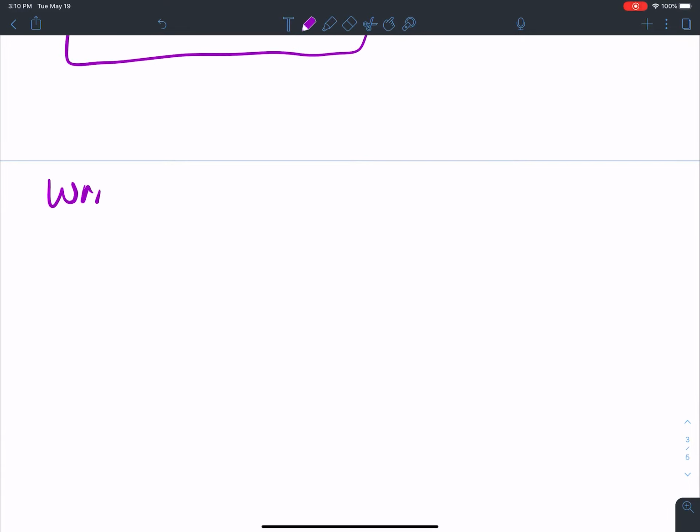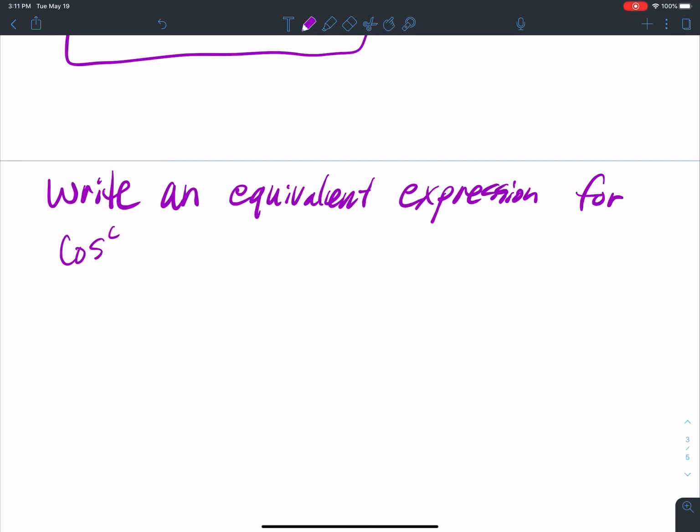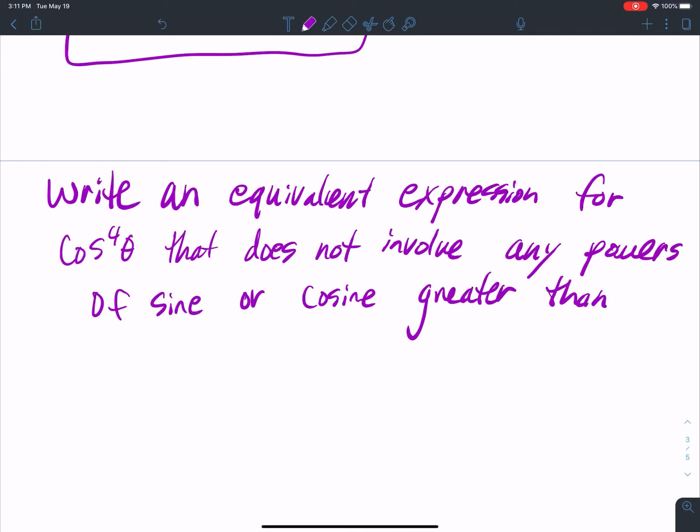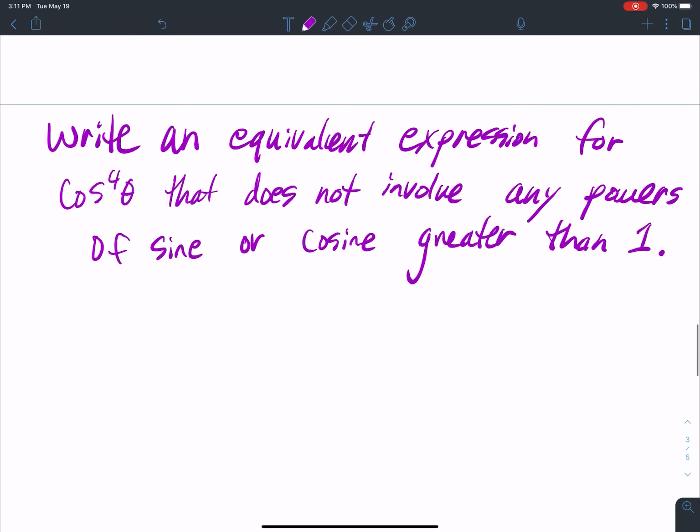Okay, so write an equivalent expression for cosine to the fourth theta that does not involve any powers of sine or cosine greater than 1. Okay, so we're going to use the reduction identity.